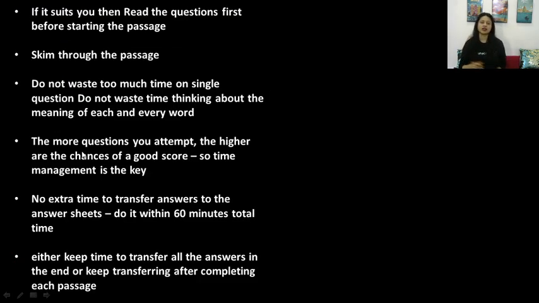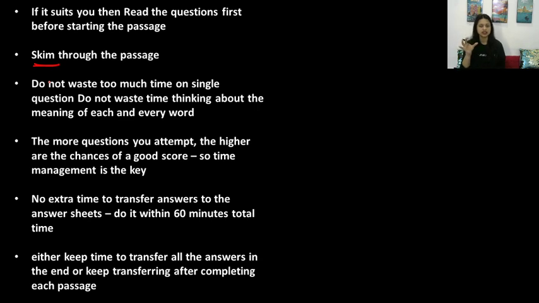Again, there are a lot of techniques that will help you. One such technique is skimming, to skim through the passage. Skimming is very fundamental, very essential. We'll learn that in our plus classes, and my students already know. Secondly, there are different techniques you can use for different types of questions, like match the heading type of questions.